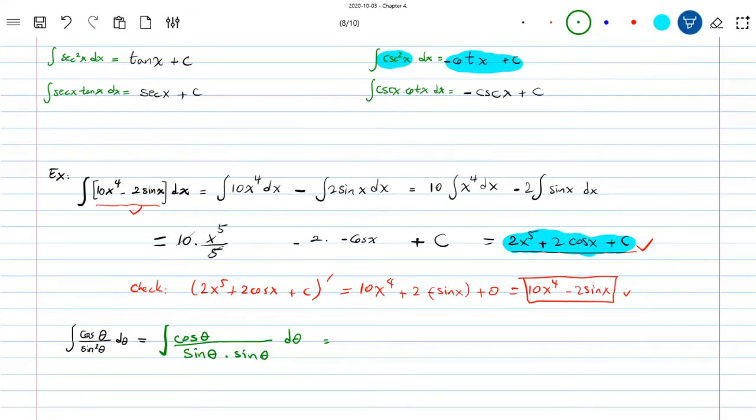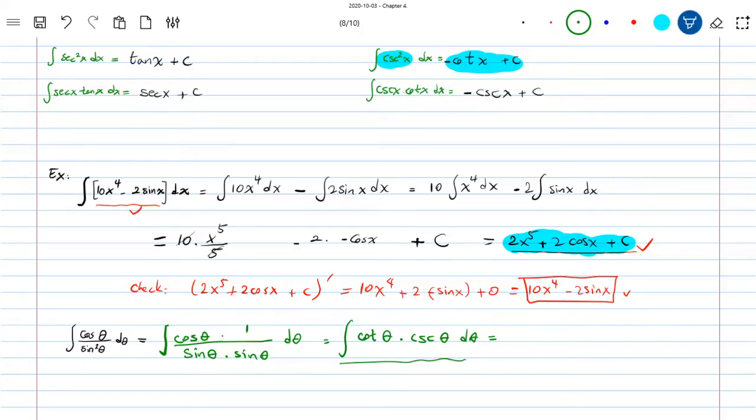Okay. What if I multiply the top by 1? It doesn't really make any difference. It's still the same thing. But by doing that, I can write cosine divided by sine as cotangent, and 1 divided by sine as cosecant. Now I can answer this question.